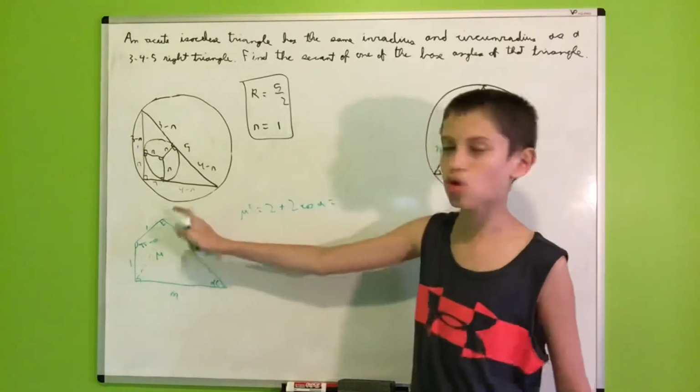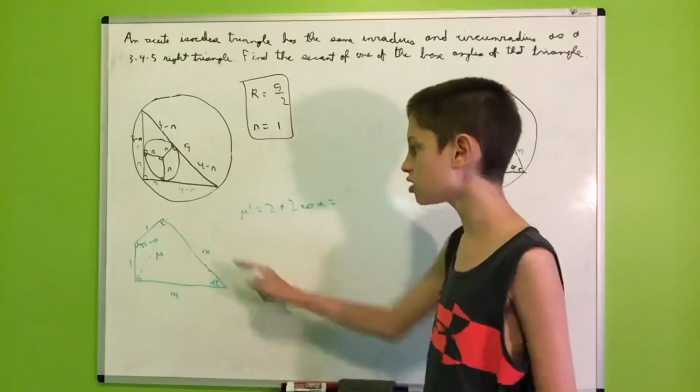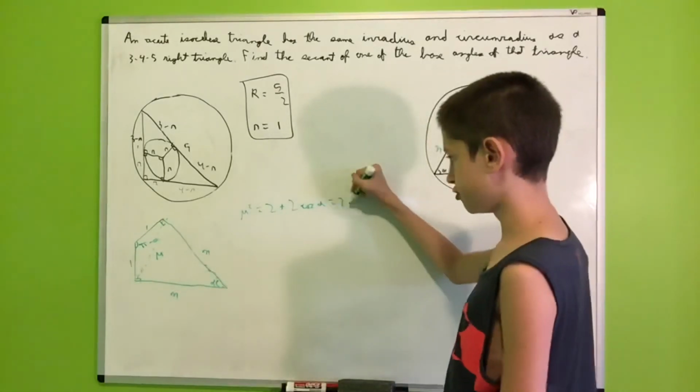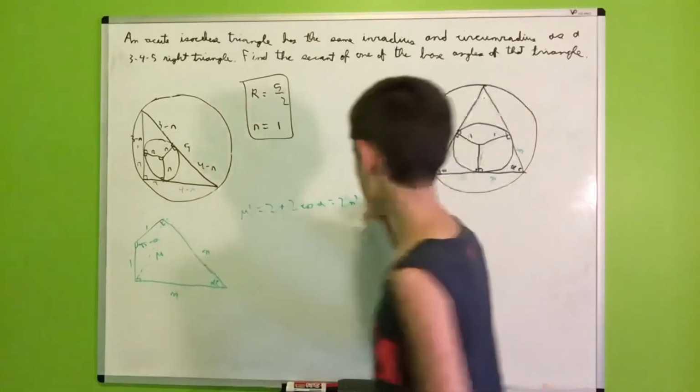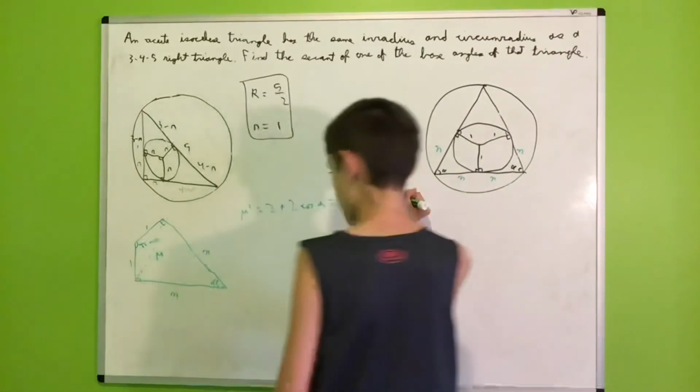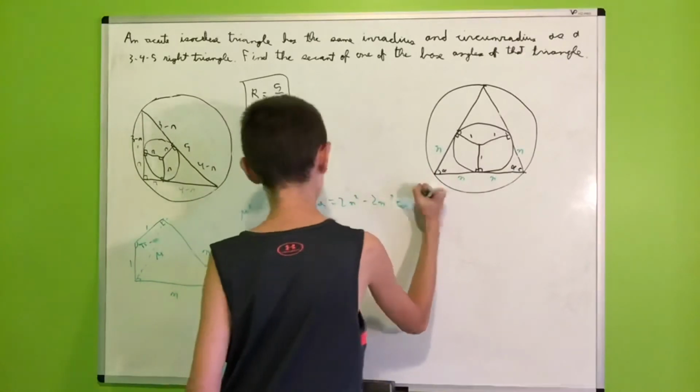But this is also equal to, comparing with the second triangle, n squared plus n squared, which is 2n squared, minus 2 times n squared, which is 2n squared, times cosine of alpha.